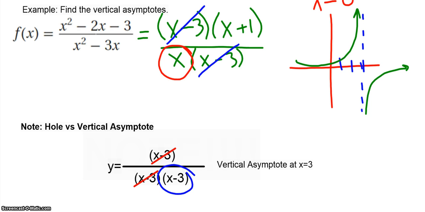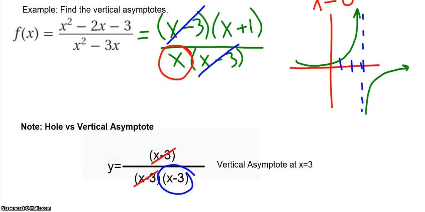Vertical asymptotes beat holes this time. So the hole does not exist. Our graph would have an open circle, but we're never going to cross that open circle because our vertical asymptote is there first. So keep that in mind as you go through these. Those are just special cases, so you won't see that all the time.